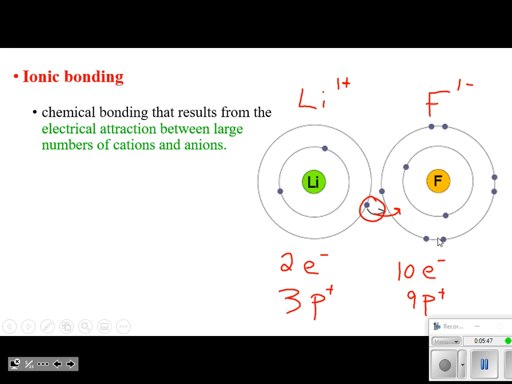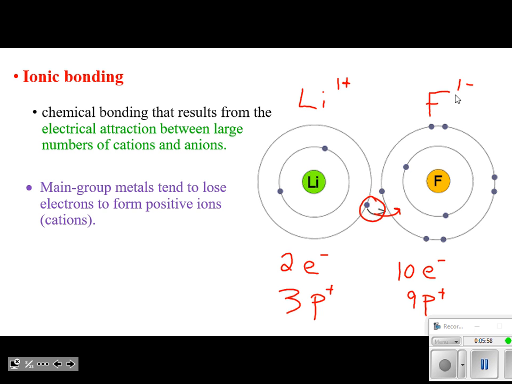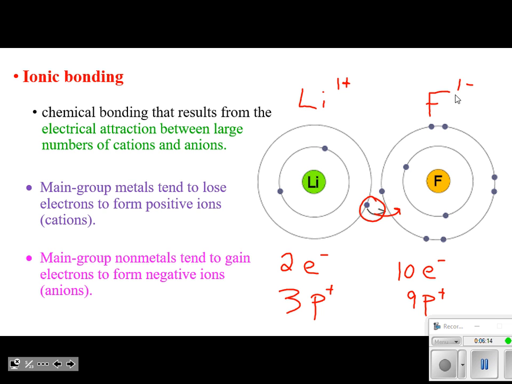It gained 1 electron, so it has 10 electrons. 10 minuses, 9 pluses gives me a net charge of -1. So, just a generalization, main group metals lose electrons to form positive ions, which are cations. Main group nonmetals gain electrons to form negative ions, which are called anions.